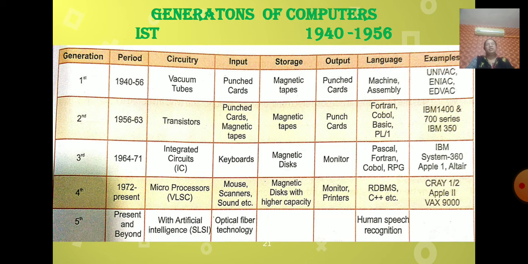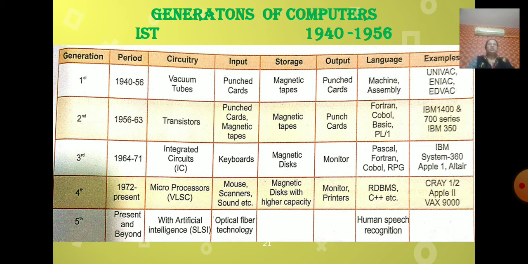Then go to the next generation, 1956 to 1963. This period is known as the second generation of computers. What are the main components? Instead of vacuum tubes, transistors. The input is the same, punch card, and the storage is magnetic tapes. See the difference, children.